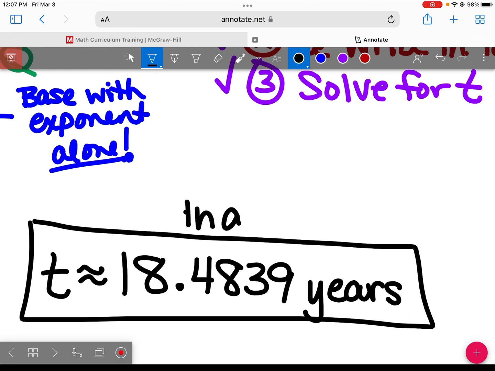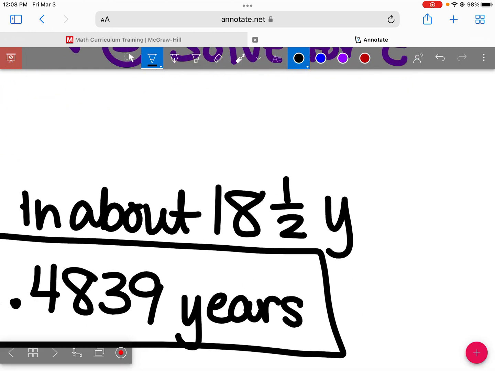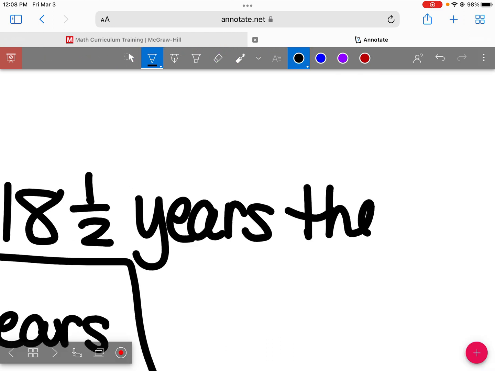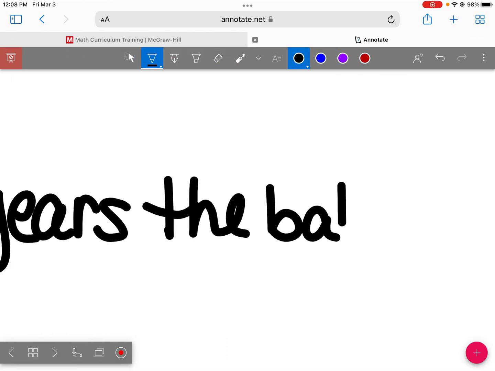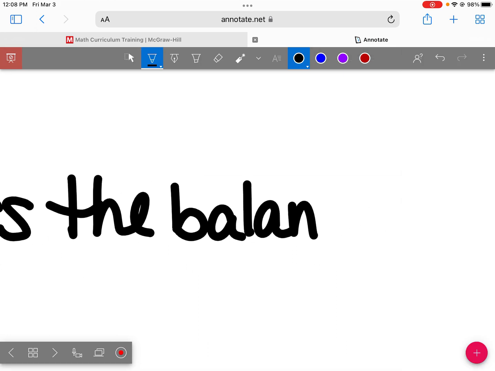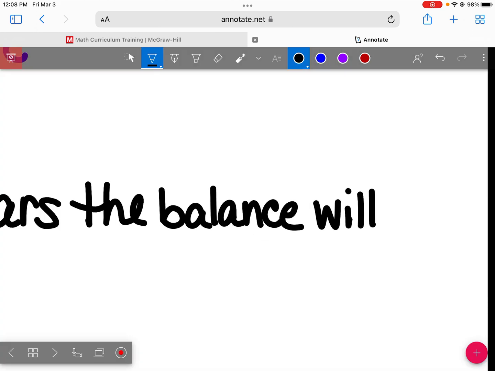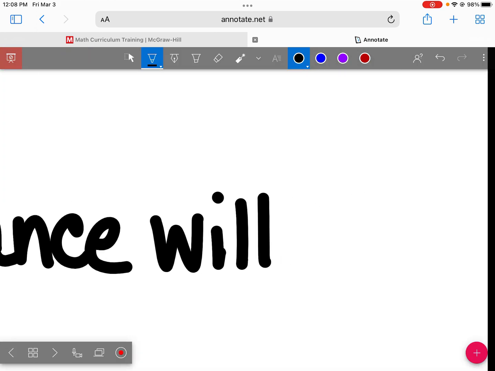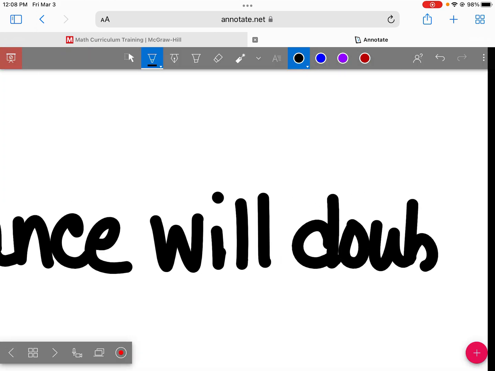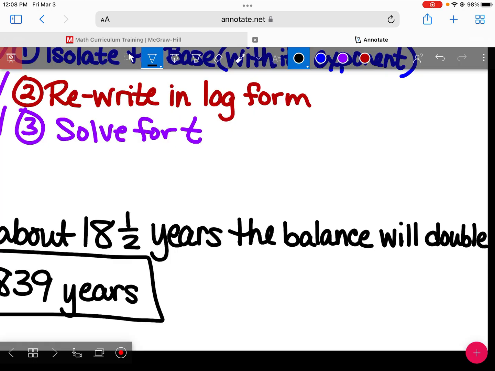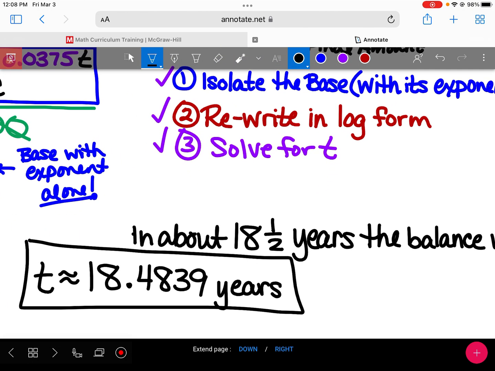So in about 18 and a half years, the balance will double. Why is it 18 and a half years?